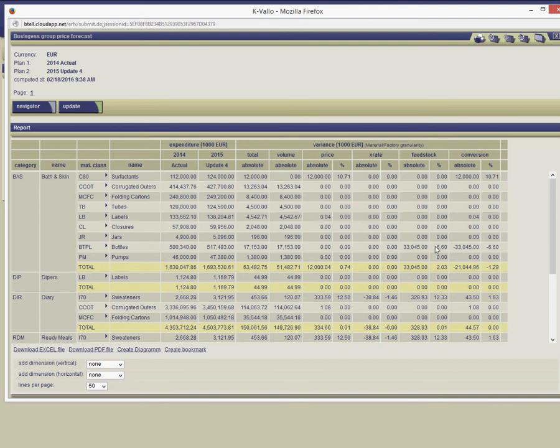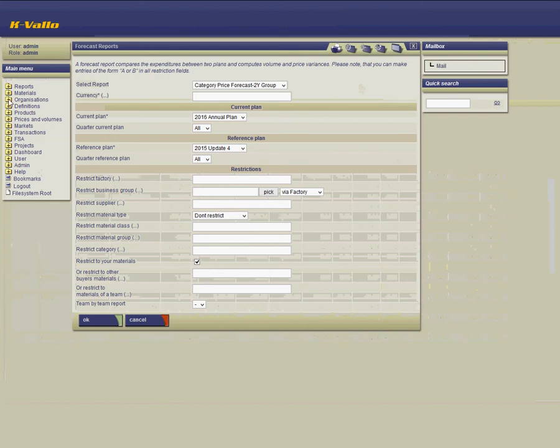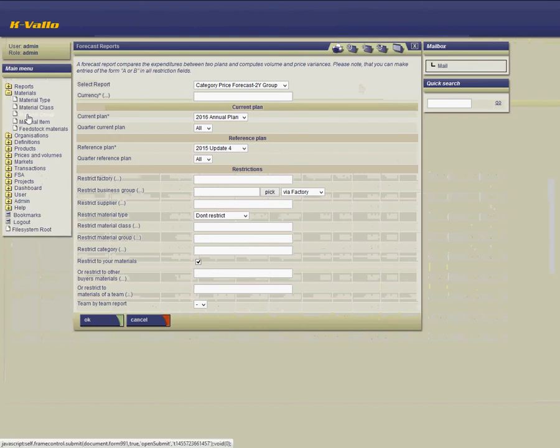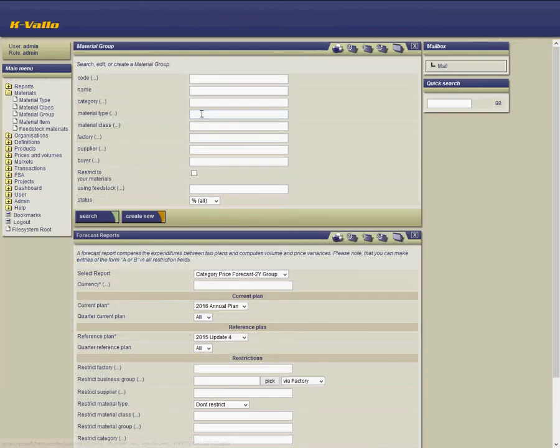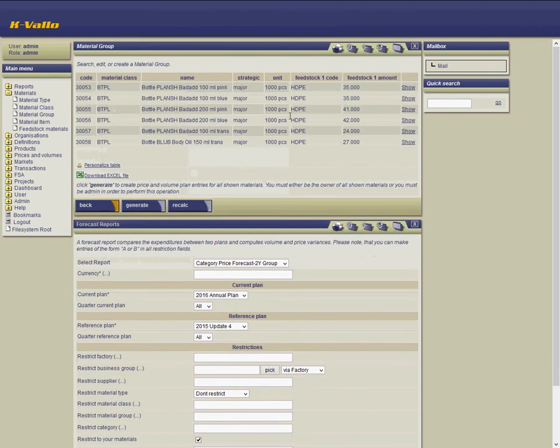due to the increase of HDPE, because every bottle has a certain grammage, and the grammage is stored in the system in K-Vallo. Let me show you this. If we look at the materials, and at the material class, which is a bottle, you can see that each bottle has a different grammage.